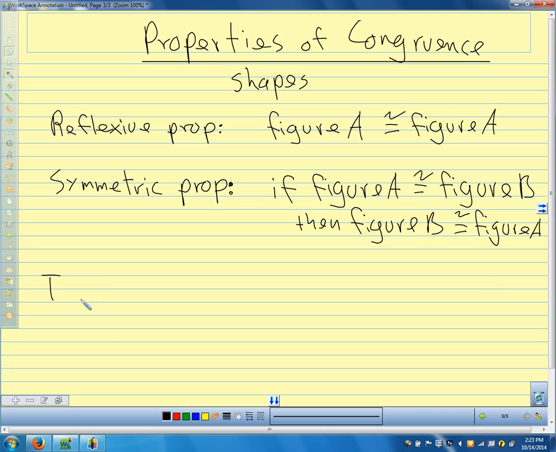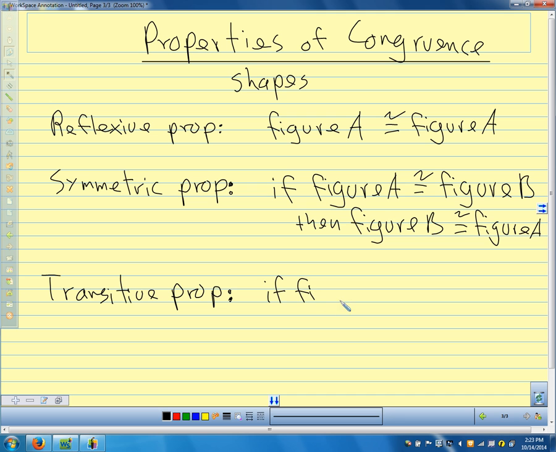And the last property of congruence, transitive property. And transitive property, just like transitive property for equality, lets us link things together.